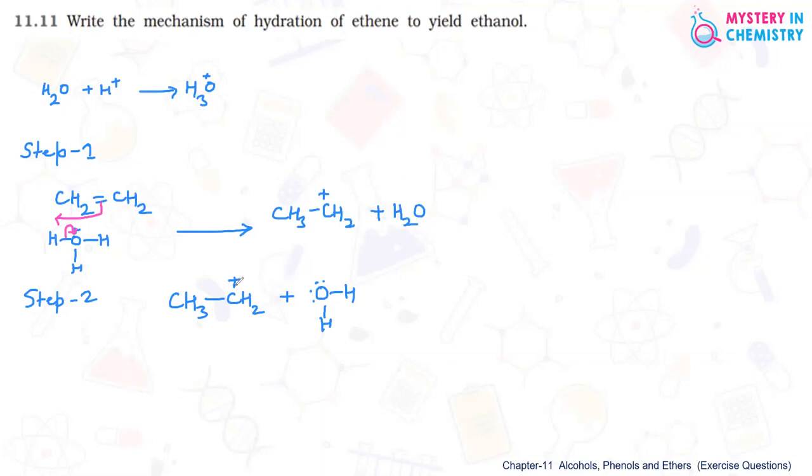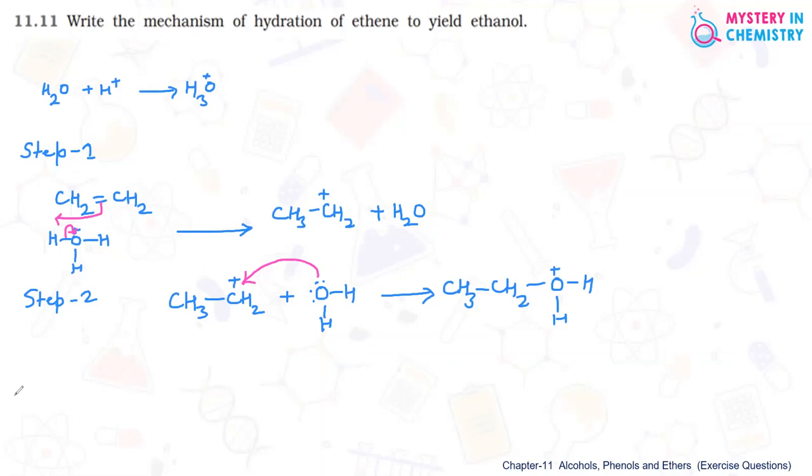So attack at this carbon, carbocation is taking place, and this attack is nucleophilic attack. And by this, the compound which is formed is CH3, CH2, then oxygen, hydrogen, and one hydrogen here, and this oxygen is giving the electron, so it should be positive.